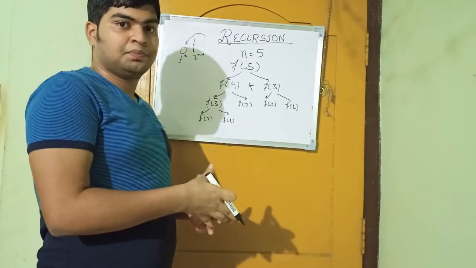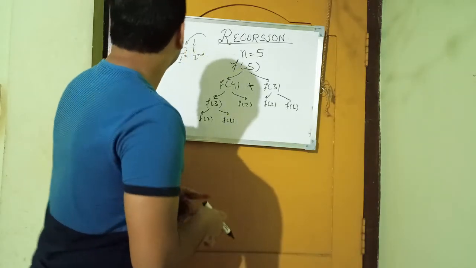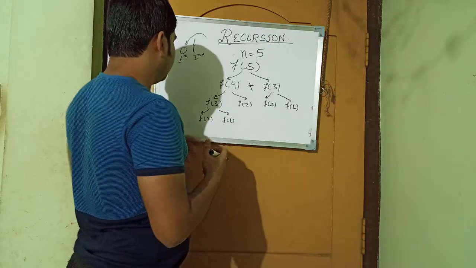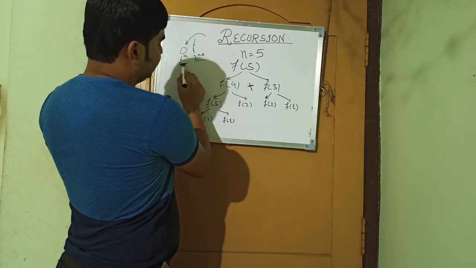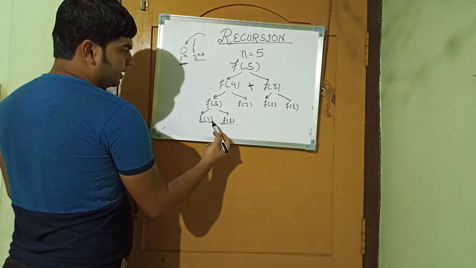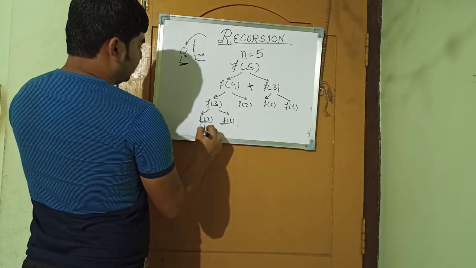The base case is the bottommost number, the most simple part, at the second and first positions. So when f of 1 or f of 2 comes, we'll terminate and return 1.